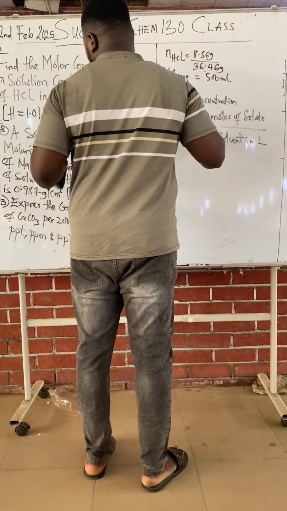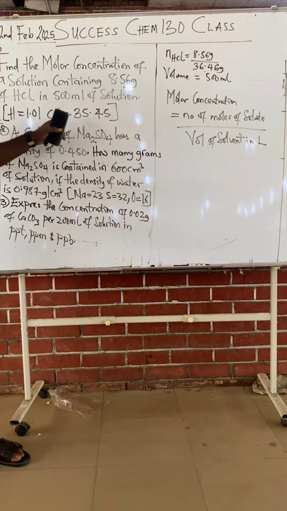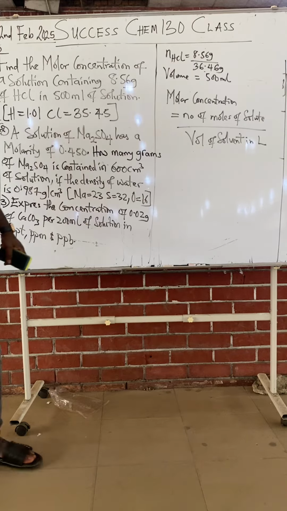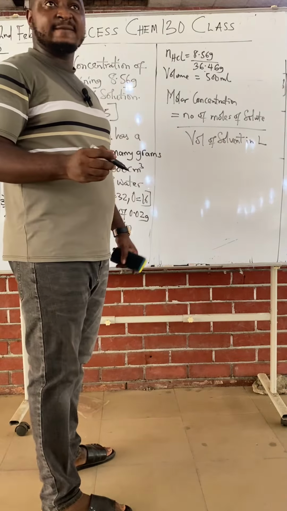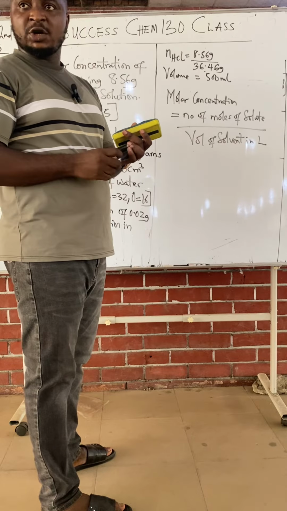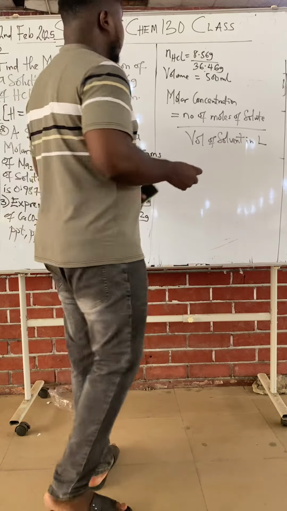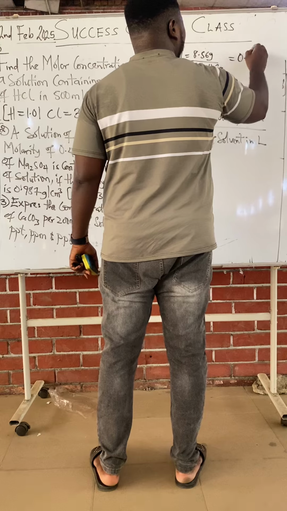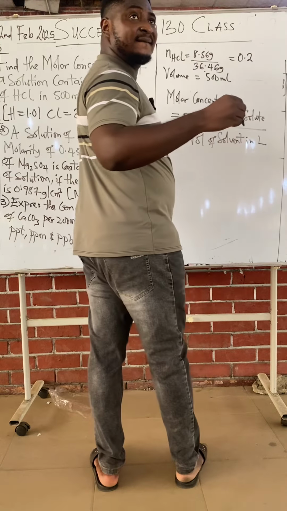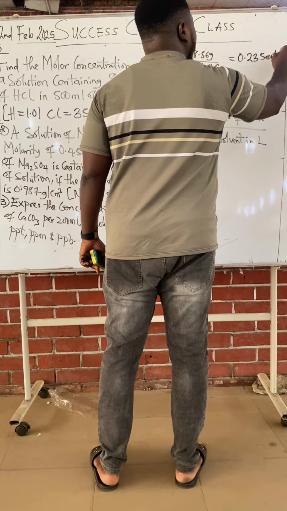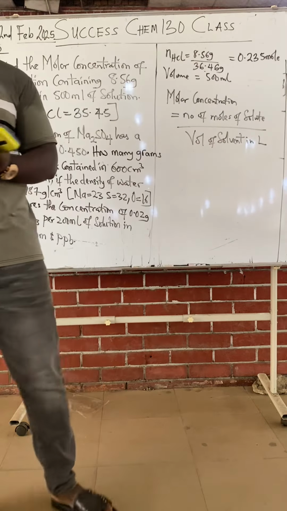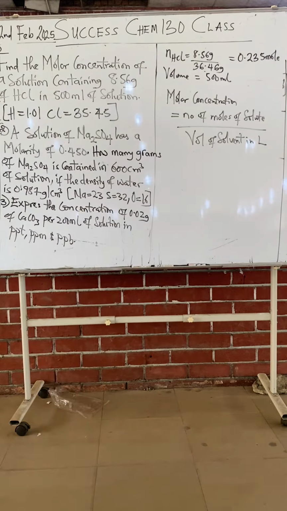What is 8.56 divided by 36.46? That is approximately 0.235 mole. This is the number of moles of HCl.